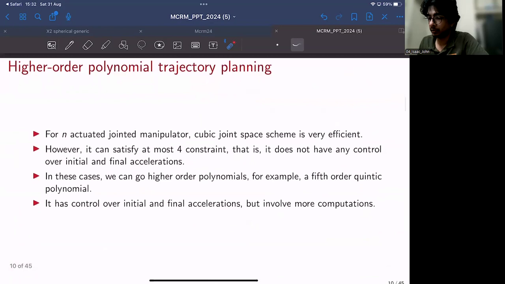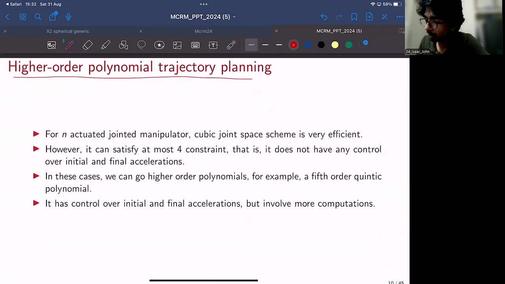Okay, so now we can also move on to higher order polynomial planning. So instead of a third order polynomial, we can always go for fifth or seventh or higher order. Practically, we would also go for fifth order trajectory planning. We call this quintic trajectory planning.